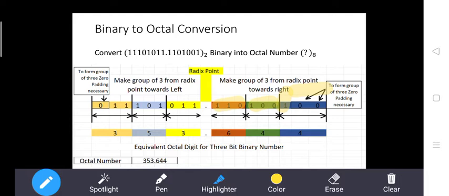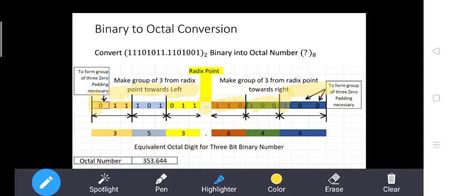Same way, on left hand side I make first group 011, second group 101, third group 11, but it contains only 2 ones. I required a third member, so I again added 0. Okay, so I completed my whole group.